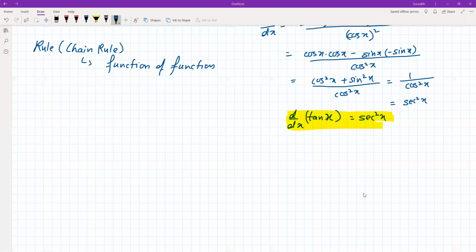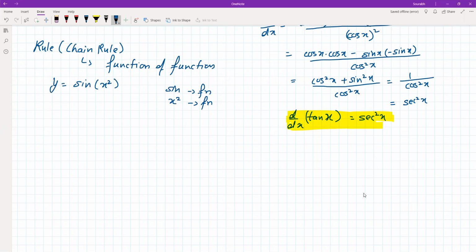So when there is a function of function, in that case, we apply this rule called chain rule. What does that mean? Suppose you have a function y is equals to sine of x square. Here sine is a function and x square is also a function, and it is not sine x.